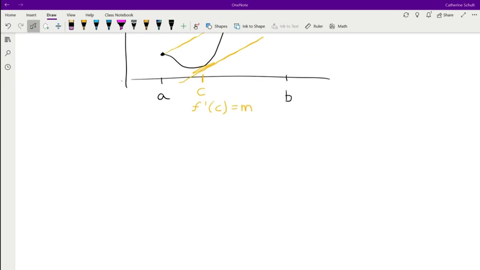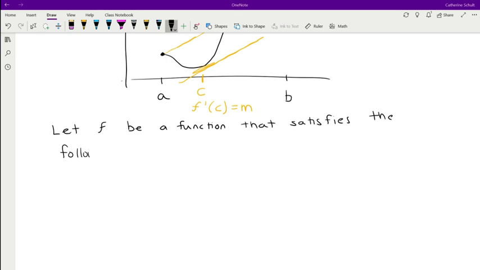All right, so let's do our assumptions. Let f be a function that satisfies the following. f is continuous on a closed interval AB.